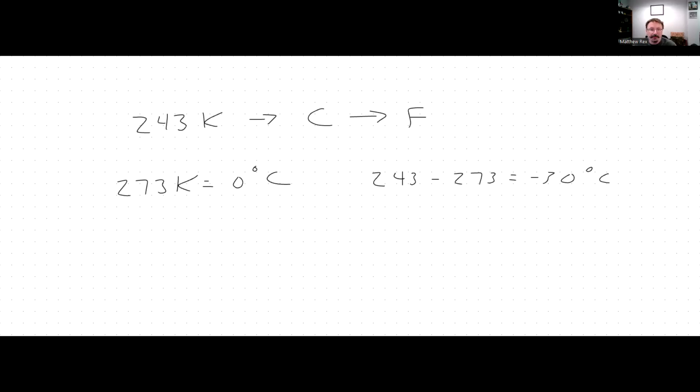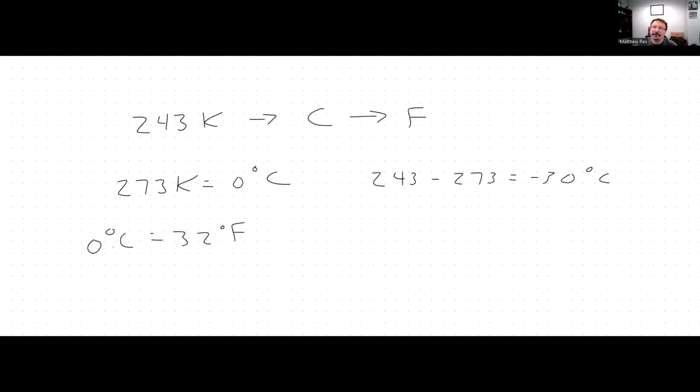Then, if I remember, 0 degrees C is equal to 32 degrees Fahrenheit. So if I can't remember, do I need to add or subtract the 32 first? Or do I need to multiply or divide by 1.8? A lot of times this will help me. Because I know if I add 32 to 0 first and then multiply by 1.8, I'm going to get a number greater than 32.